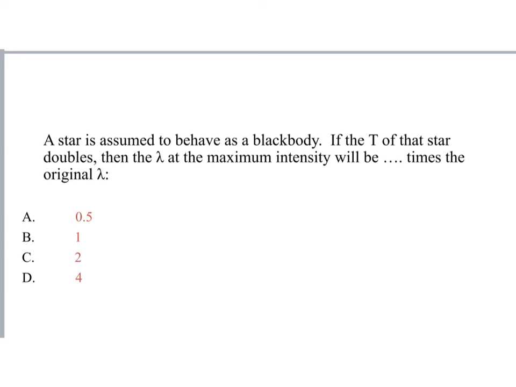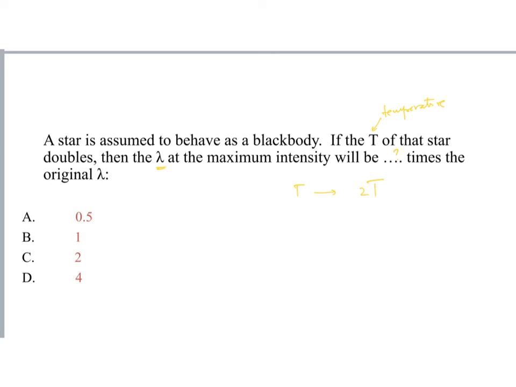So now, if the temperature of that star doubles, so you go from T to 2 times the temperature, then what can you say about the wavelength at the maximum intensity? Will be how many times the original wavelength?